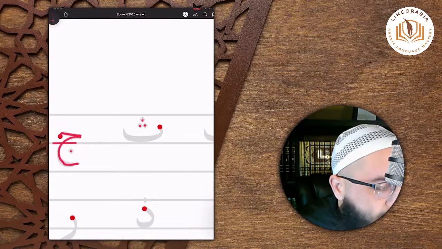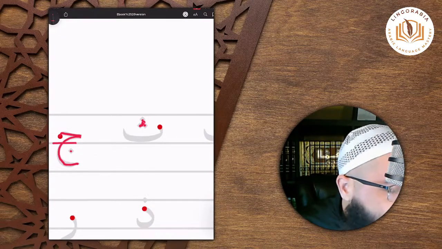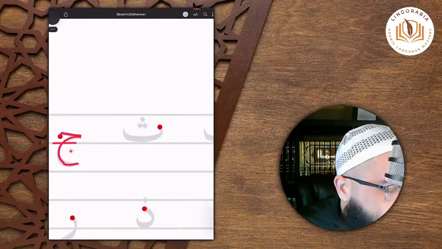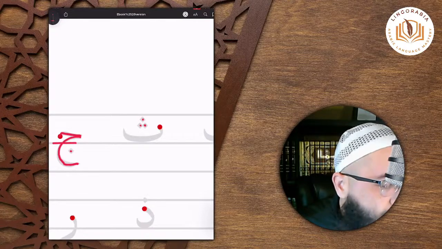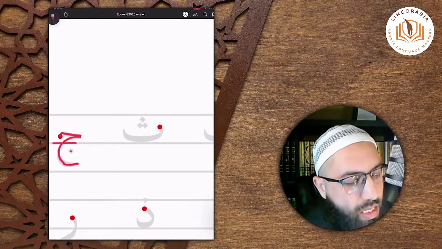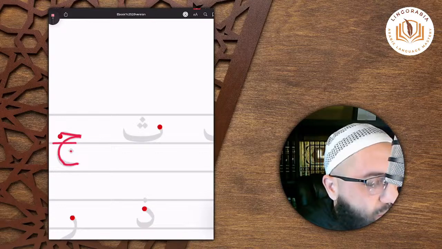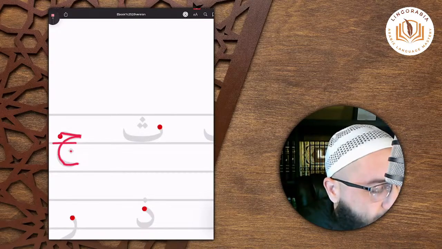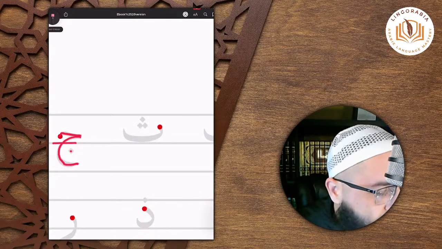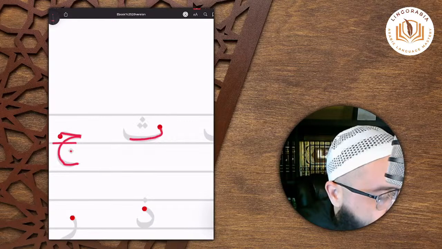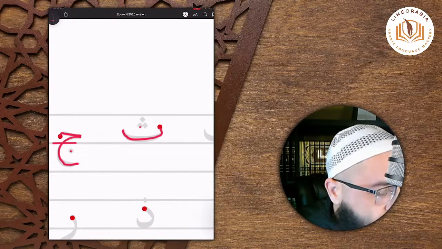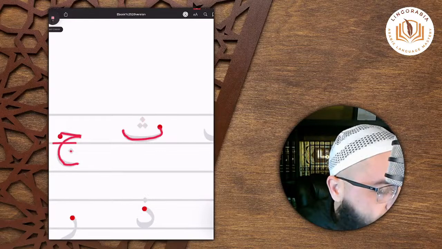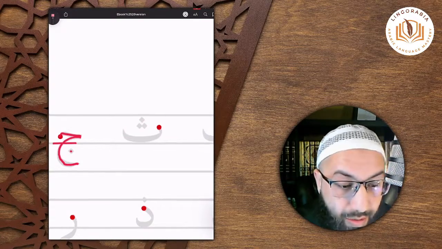They don't go in another order. Allah knows best, maybe because once you release the pen, you're closer to this. There is always logic to these practical things.